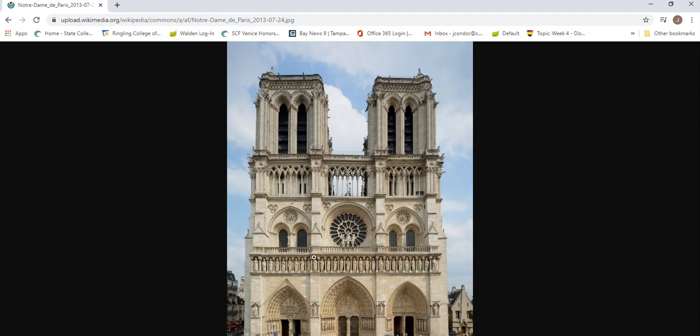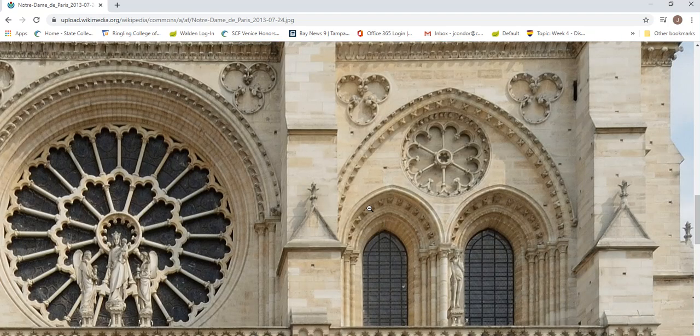I was at the Basilica of Notre Dame in Montreal this past summer, and it's just an incredible building. This one here in Paris supposedly took about 40 years to finish, and the actual designer, the guy who put it through, died before he even got to see it finished.